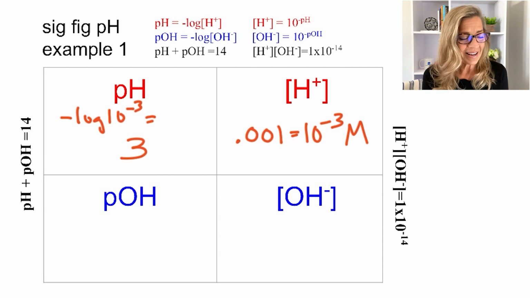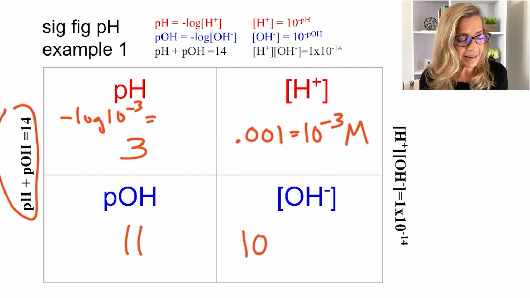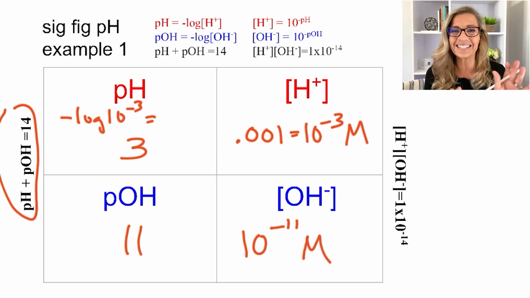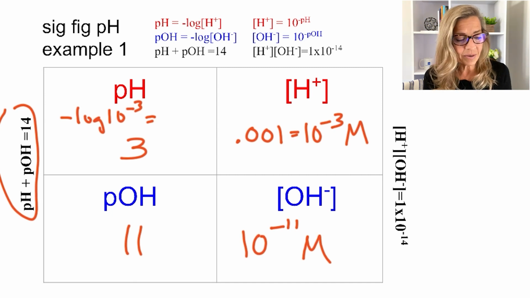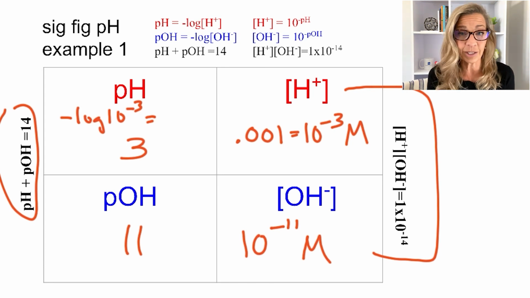It's that easy. The pOH is 14 minus 3, which is 11. And then for this concentration, we raise 10 to the negative pOH, which is 10 to the minus 11 molar. It's that simple. Notice that these two concentrations multiply together and give you 10 to the minus 14th.